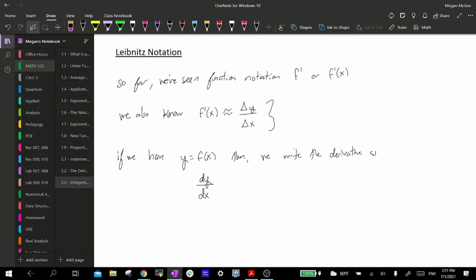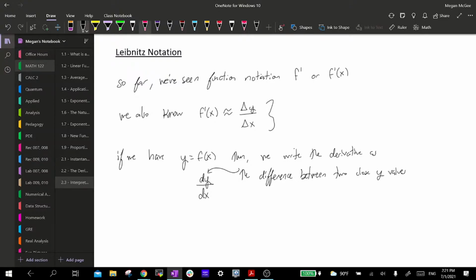So we can think of this d out in front here as the delta, or the difference in a change of values. So it's not extremely different than what we've seen before, if we're using our delta notation, but this is called Leibniz notation.